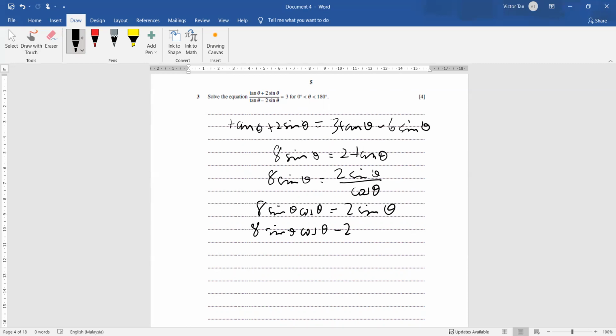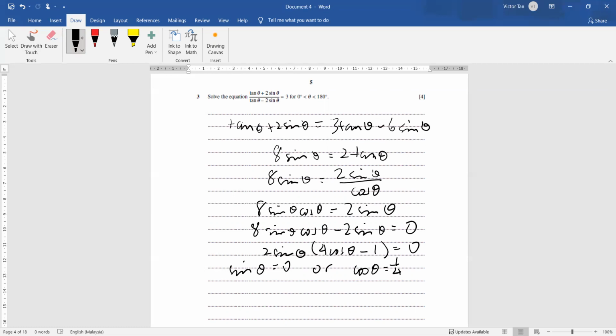If you divide by sine theta, you're gonna be short of solutions. So here you have sine theta equals 0 or cos theta equals to 1/4. Here both is possible.